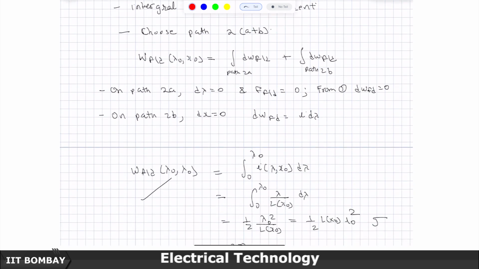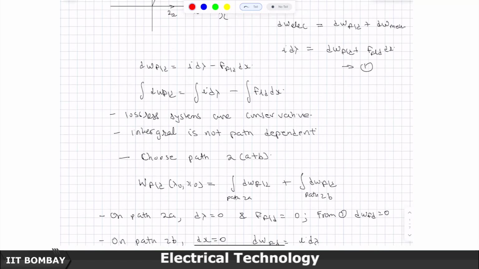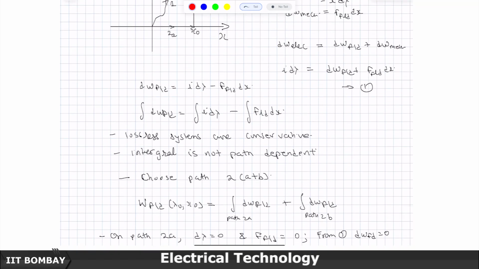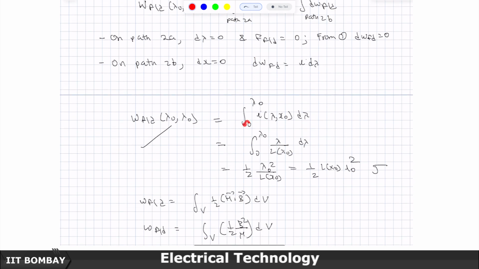So, on the path 2b, because x is not changing, dx is 0, and therefore dW field becomes equal to i d lambda, and this lambda has to be increased from 0 to lambda naught.